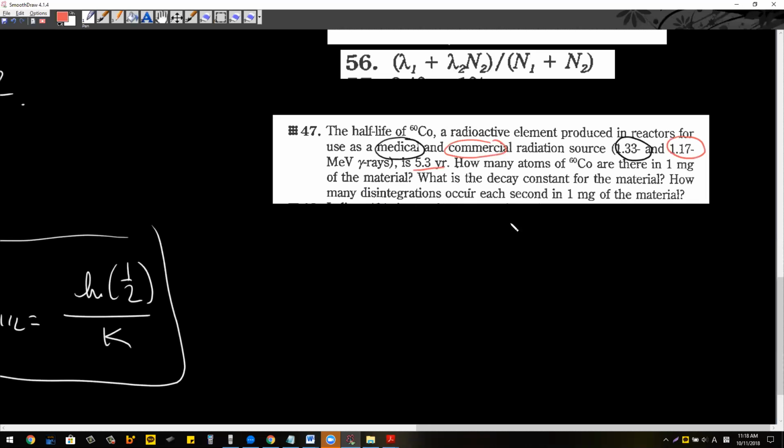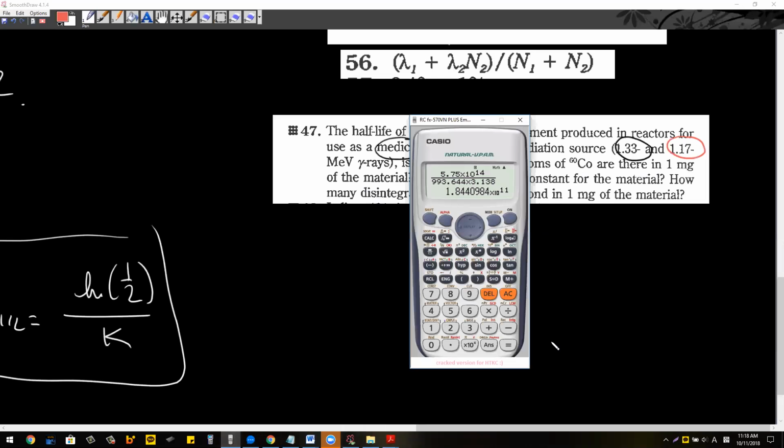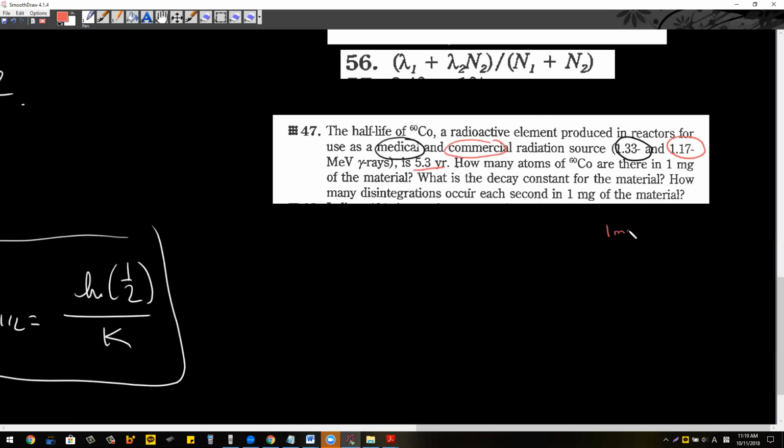Okay, so that looks pretty easy. So 1 milligram of the material. 1 milligram is the same thing as 0.0001, right? Yeah. So 1 milligram is same as 0.001 kilogram.